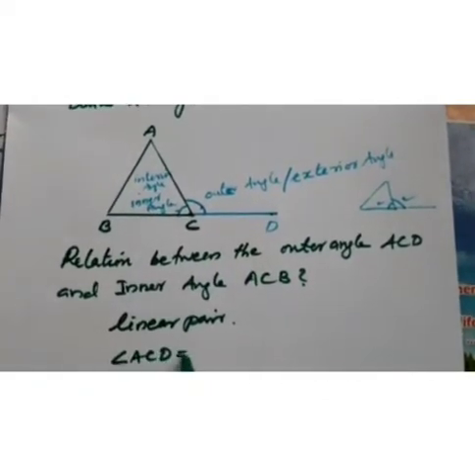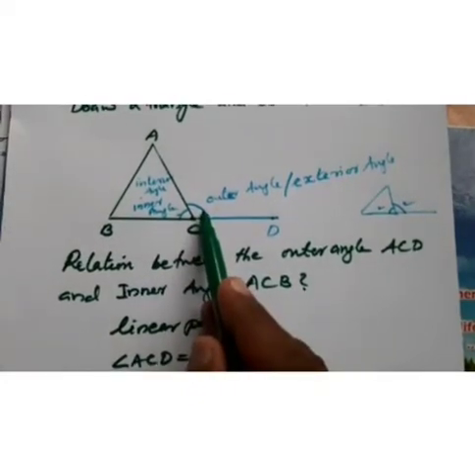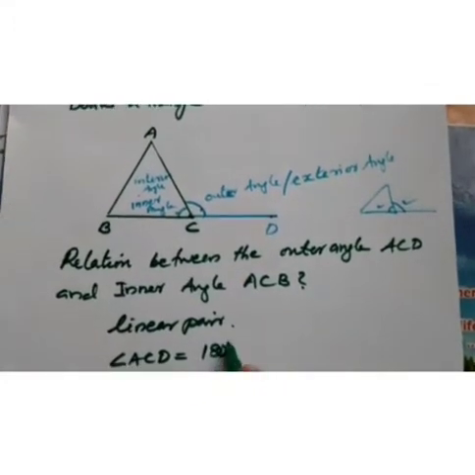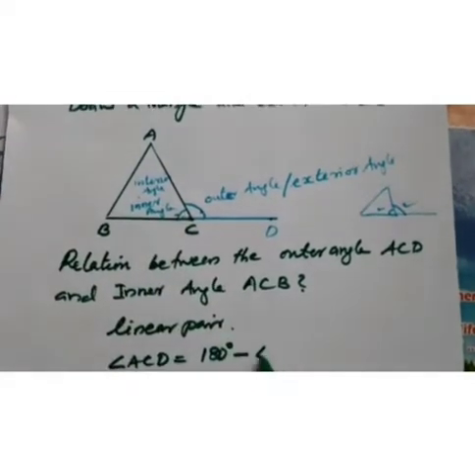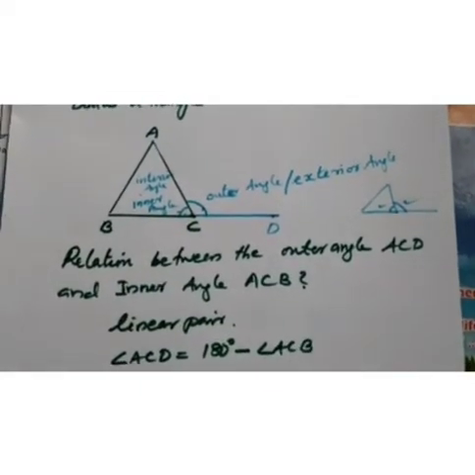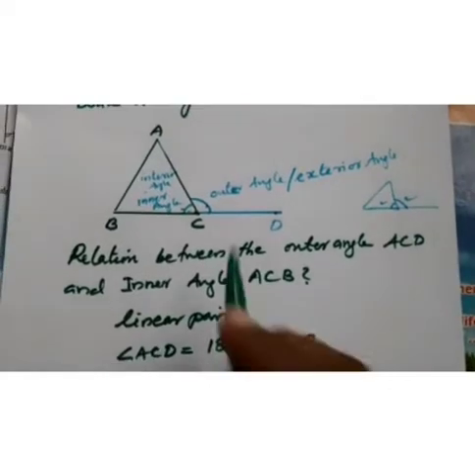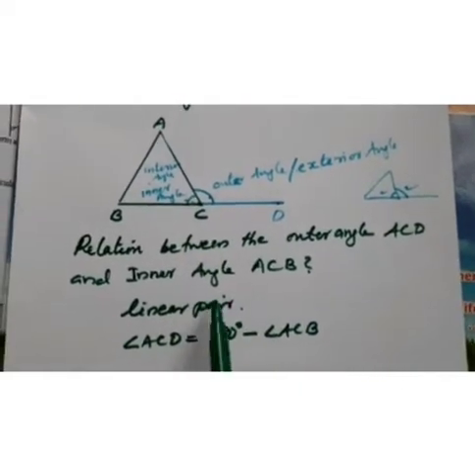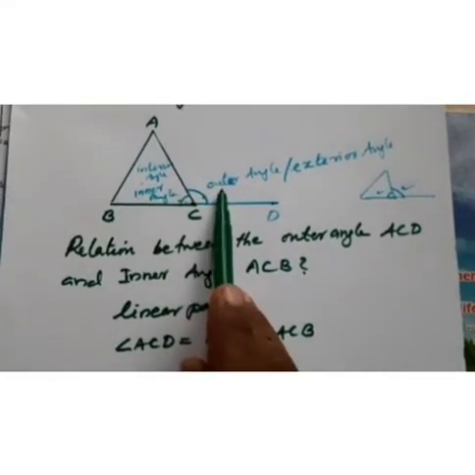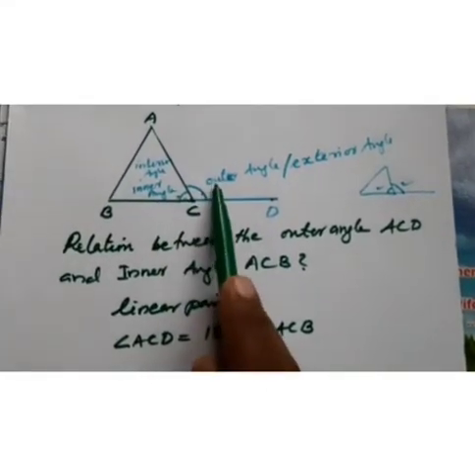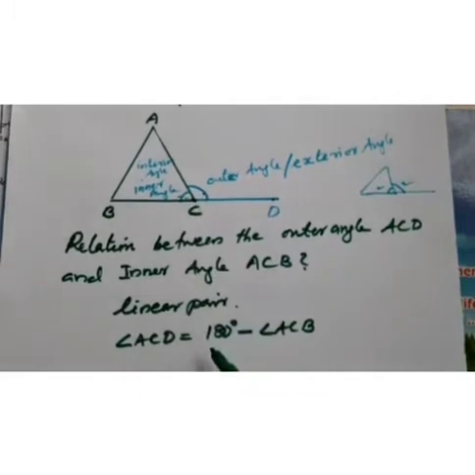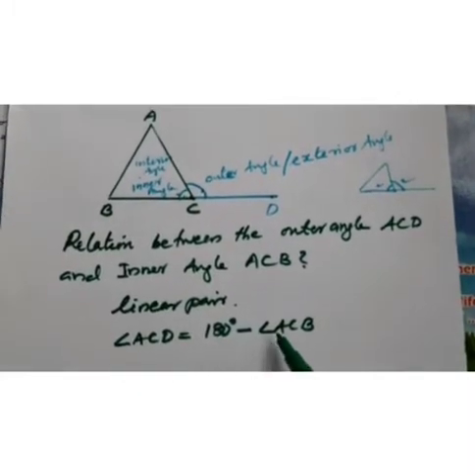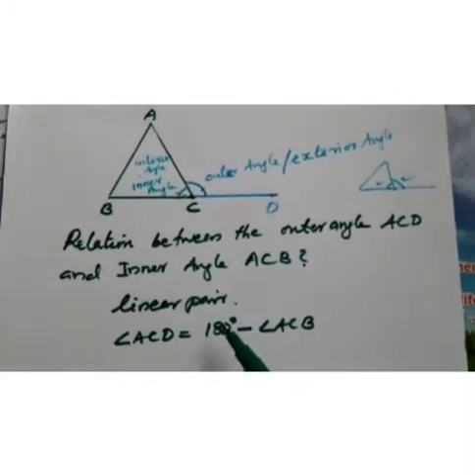How will you find out this angle? It is 180 degrees minus angle ACB. So this is the relation between the outer angle and inner angle. The total of inner angle and outer angle is 180, and to find the outer angle, you subtract the inner angle from 180 degrees.